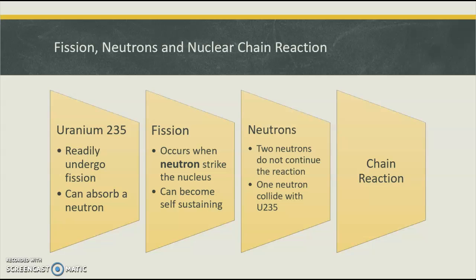Next, I'll go ahead and have a picture or a diagram that's going to be better at showing and explaining this. So both of those neutrons collide with U-235 atoms, each of which fissions and releases between one and three neutrons, and so on. This causes a nuclear chain reaction.